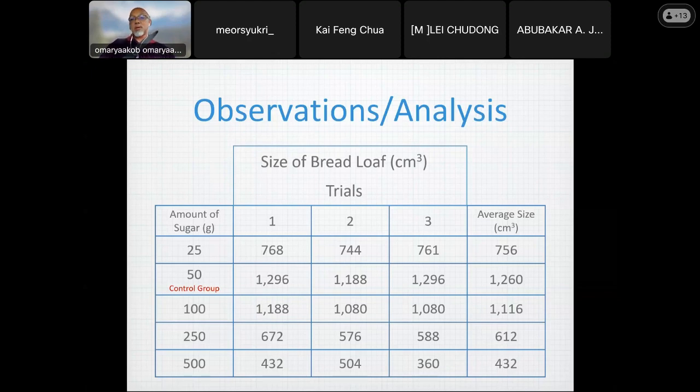Like what I observe is that, based on the analysis, it observed the size of the bread loaves. He observed different sizes, ranging from different grams, that means from smaller to the larger gram.